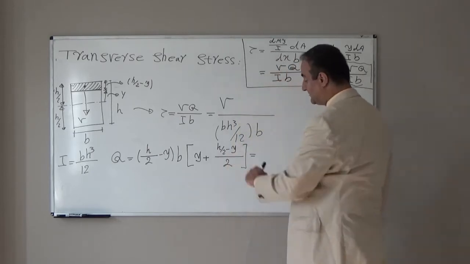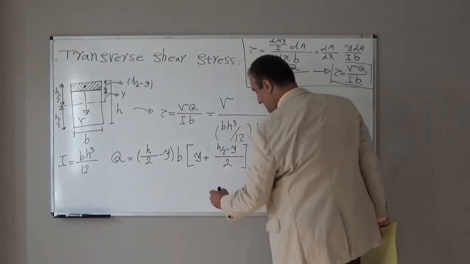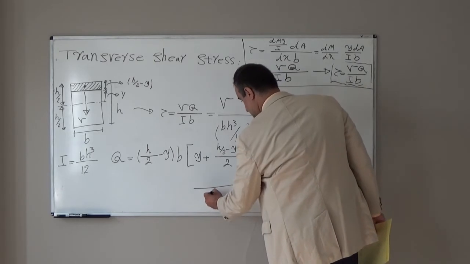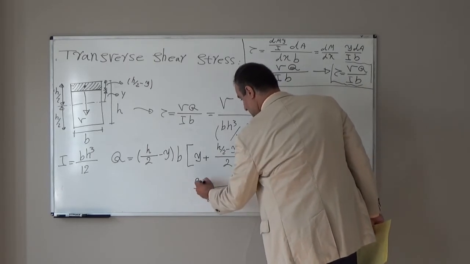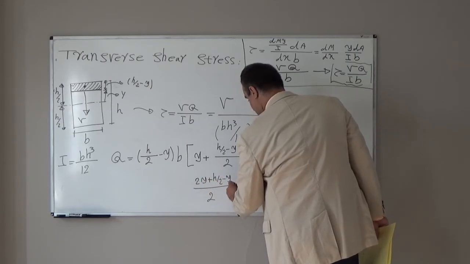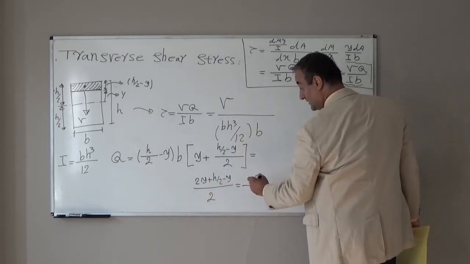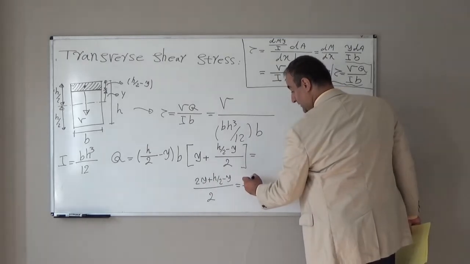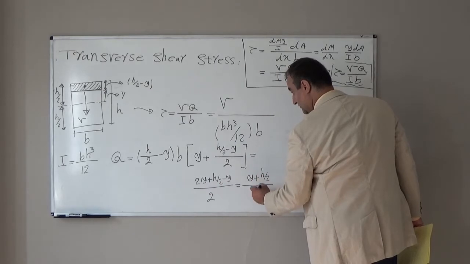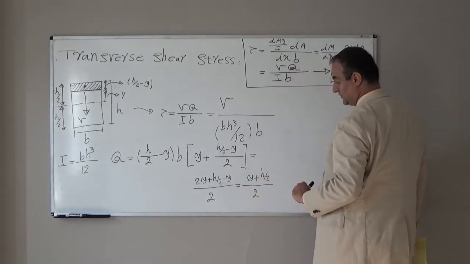From here, if I simplify that, this will be 2y plus H over 2 minus y, so this will be y plus H over 2, divided by 2.